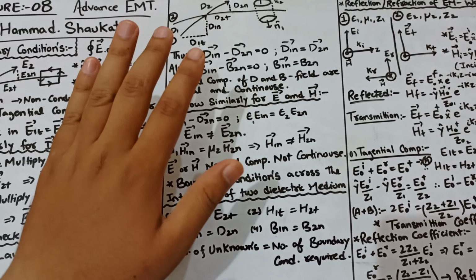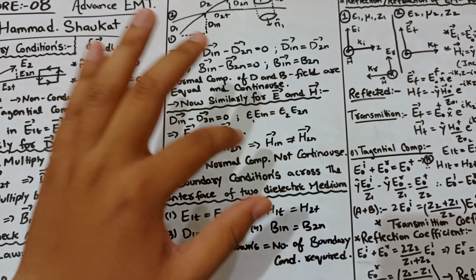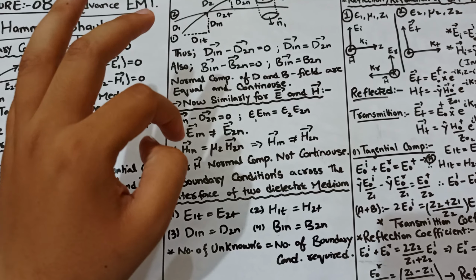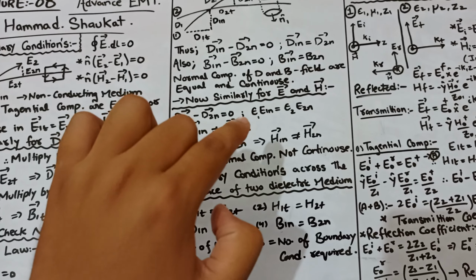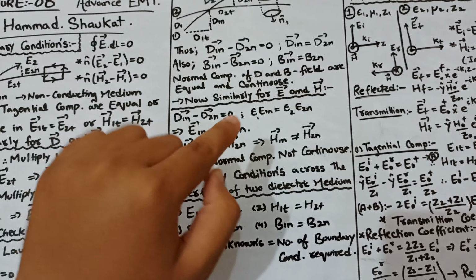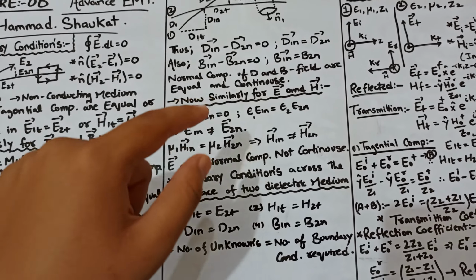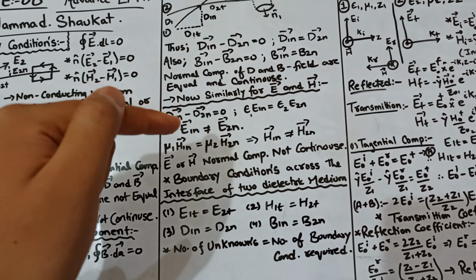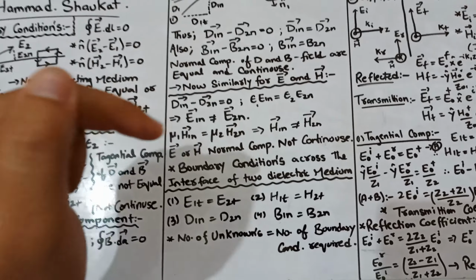Two different things are multiplying on both sides, so you can conclude this is not equal. If both had the same multiply factor, like epsilon and epsilon, then you could say this is equal. But if they are different, E1n not equals E2n. So you can conclude the normal components of the E field are not equal, or not continuous.